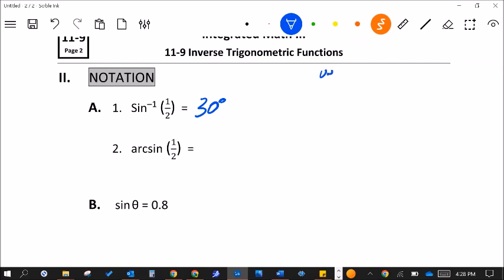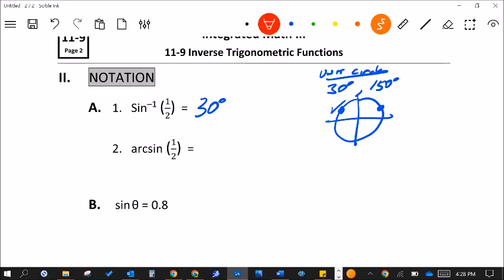On the unit circle, we see 30 degrees and we see 150 degrees. On that unit circle, 30 is here and 150 is here. At 150, the sine is 1/2. However, remember that the inverse sine can only use the first and fourth quadrants. That makes 150 an extraneous answer. So we can write the answer as 30 degrees, or we can write it in radian form, pi/6.